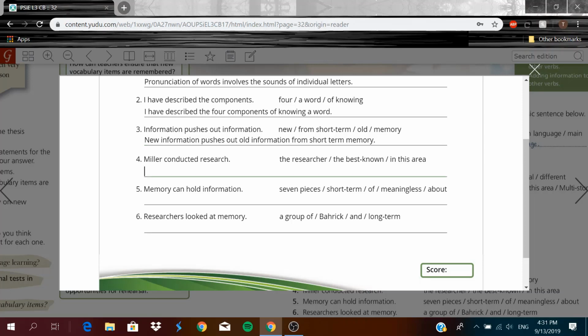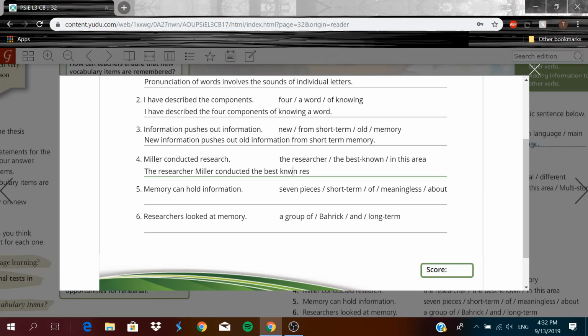Okay, Miller conducted research, the researcher the best known in this area. So again, I'll say the researcher, obviously. Who was it? Miller? Yeah, so the researcher Miller conducted the best known research, and I wrote that wrong.